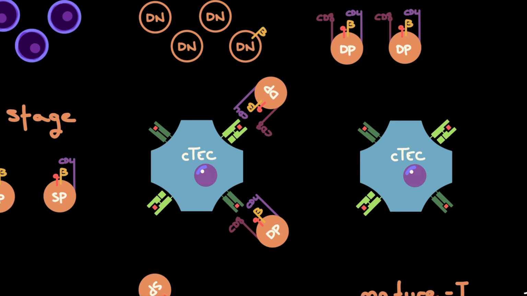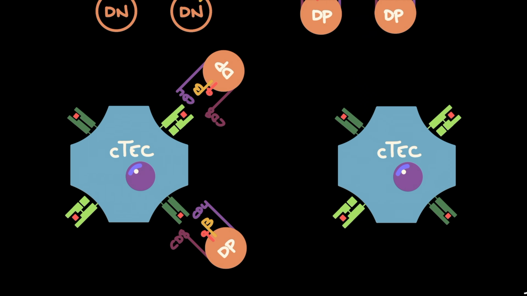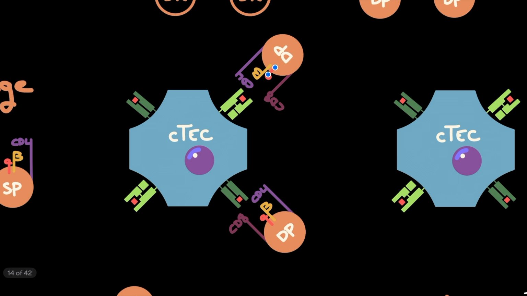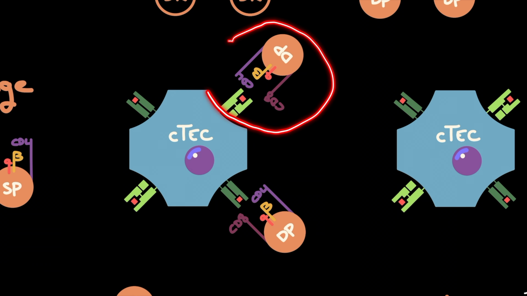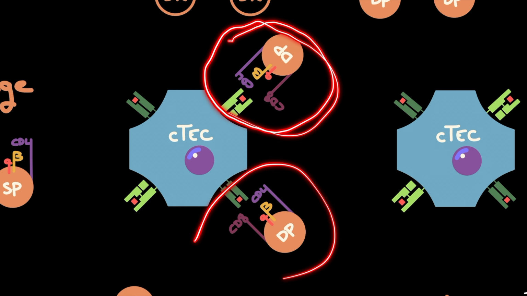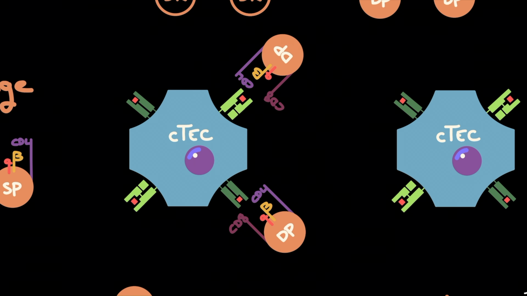So now I bring in my supportive cells of the thymus. Here is a cortical thymic epithelial cell. Remember, because I'm in the cortex right now. And those cells are going to express MHC1 over here and MHC2, the different types of self molecules. The double positive T cell is going to check out MHC1 and MHC2 and determine which one it likes the most.